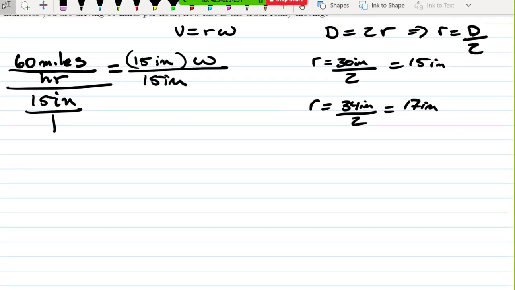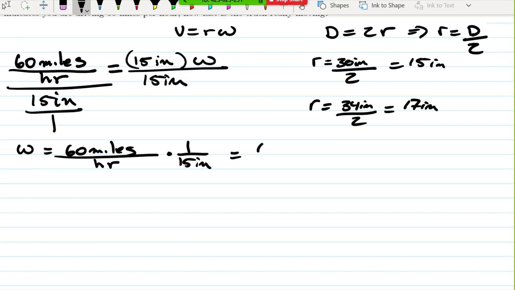We have a fraction divided by a fraction, so we write it as a fraction over 1, and we get omega equal to 60 miles divided by hours, and then we multiply by the reciprocal, which is 1 over 15 inches, which gives us 60 miles divided by 15 hour inches.